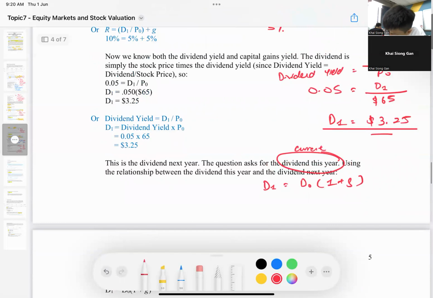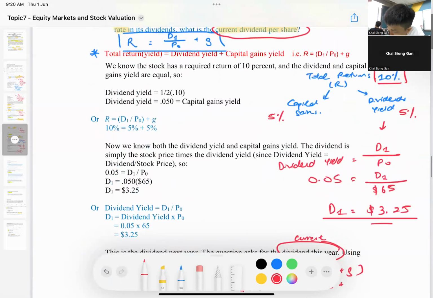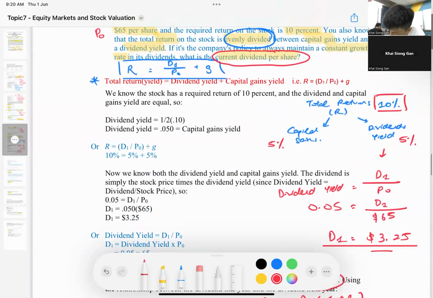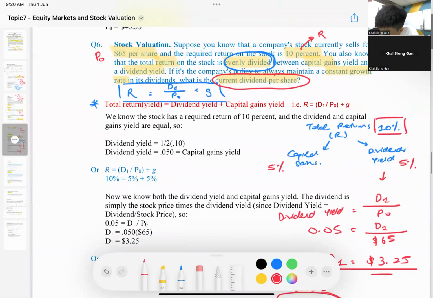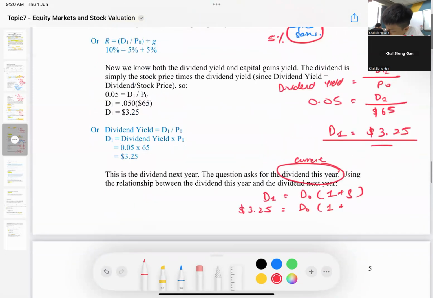So I can substitute in: 3.25 equals D0 times (1 plus g). What is the growth rate? g is capital gains, because we talk about g as capital gains. So g is 5%, 0.05.